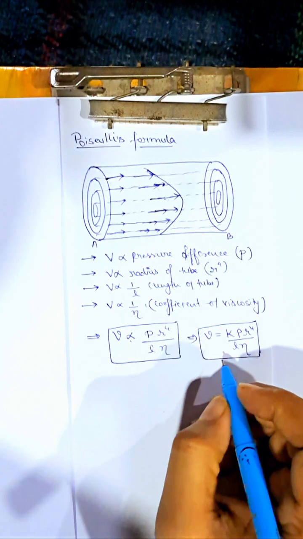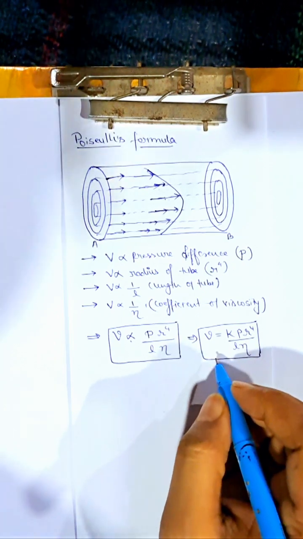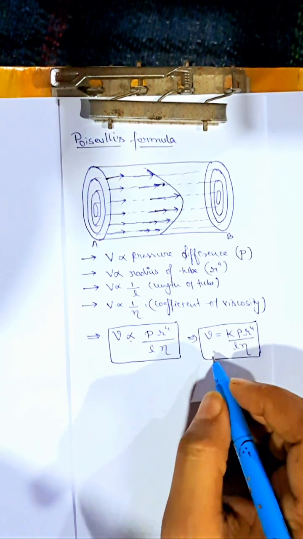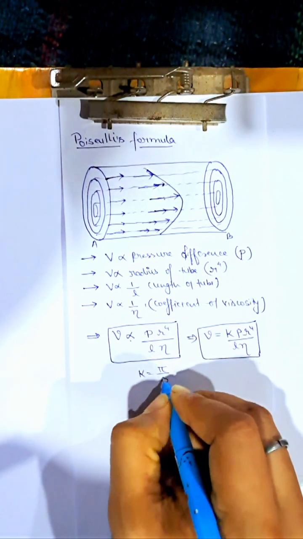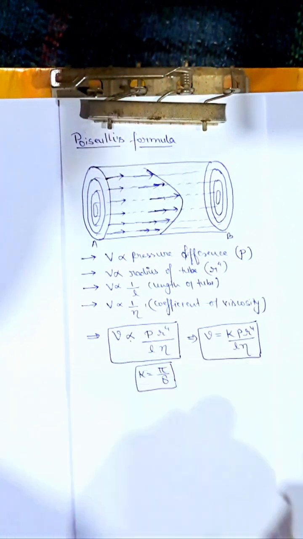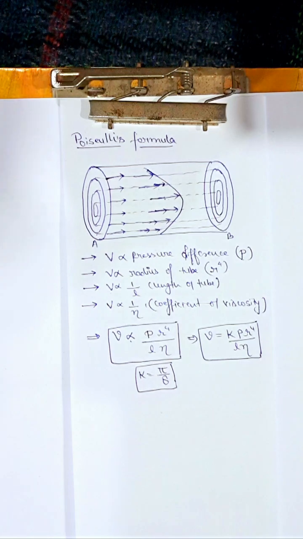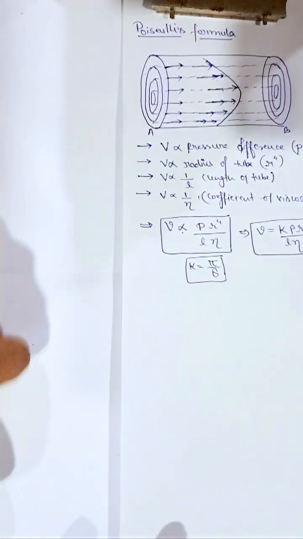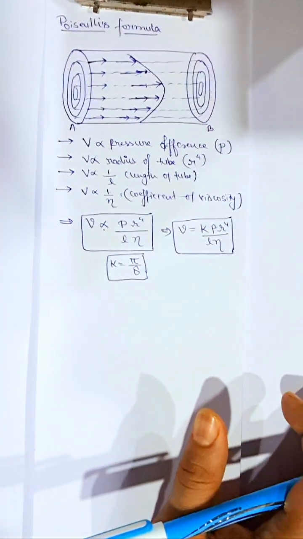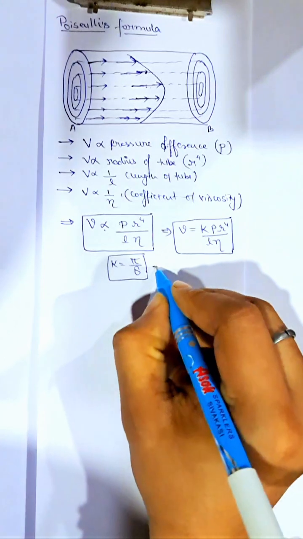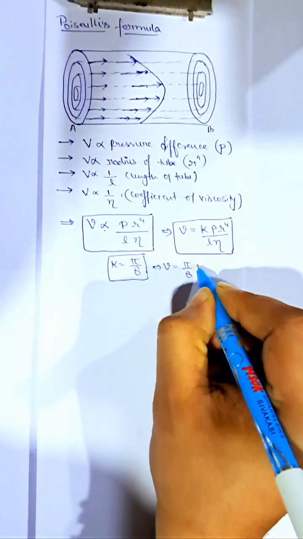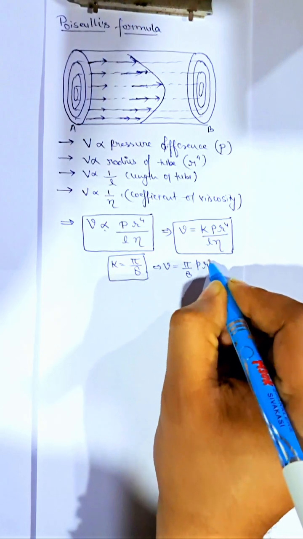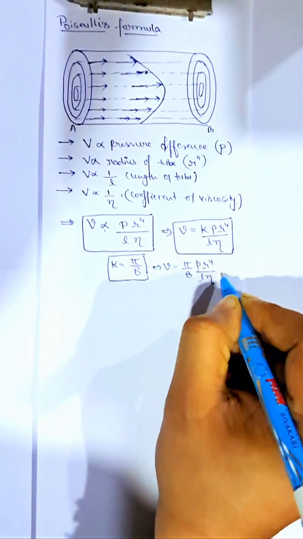Solving this equation, we get the value of K to be pi by 8. So the equation becomes pi P R^4 / (8 L eta).